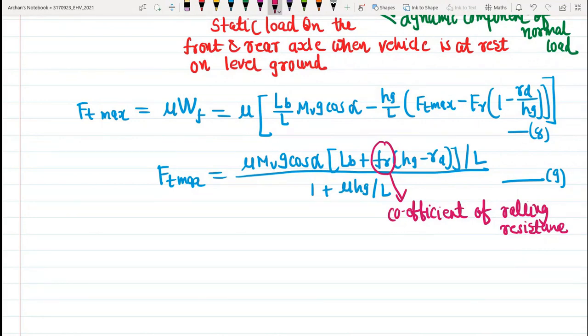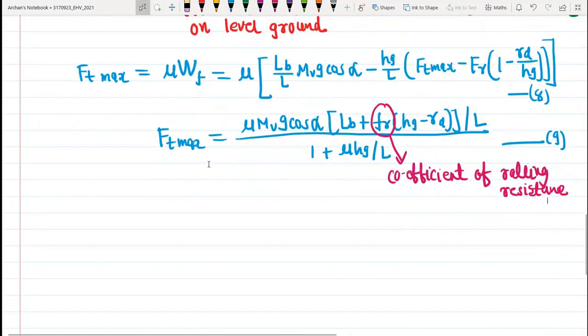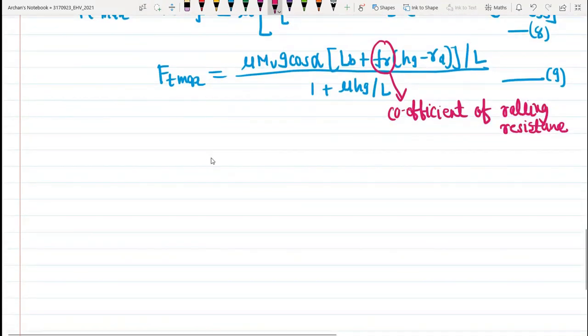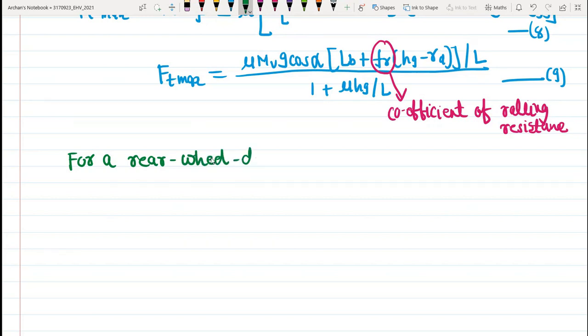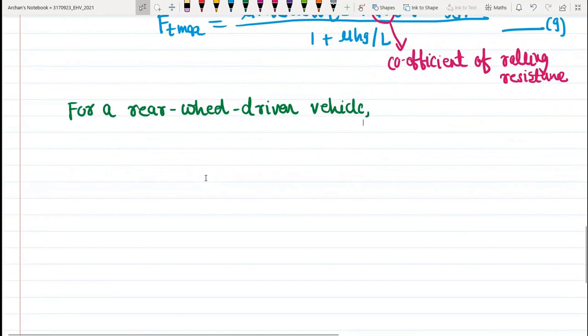Similarly, this is the maximum tractive effort for the front axle. Similarly we can find out the maximum tractive effort for a rear wheel driven vehicle. For a rear wheel driven vehicle, this Ft max will be mu into Wr.